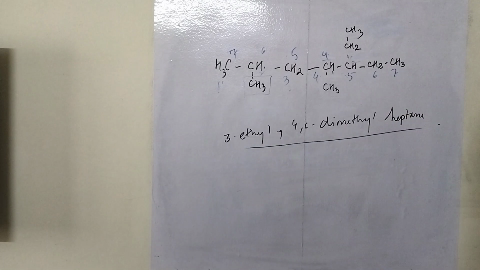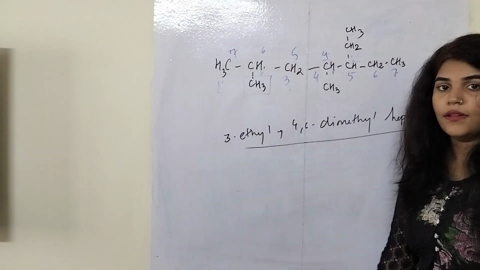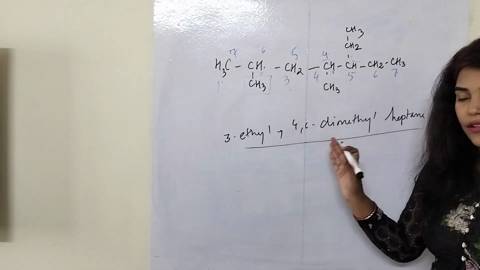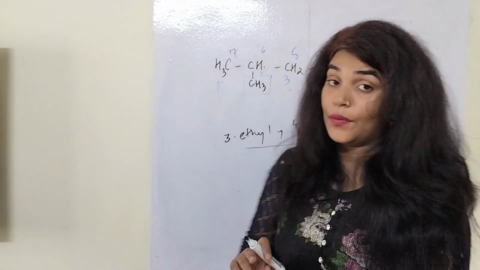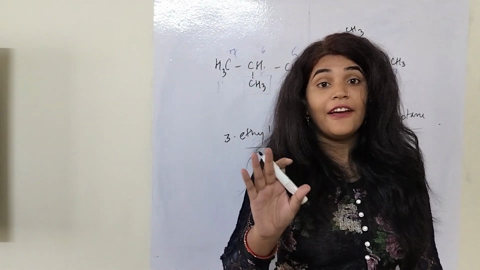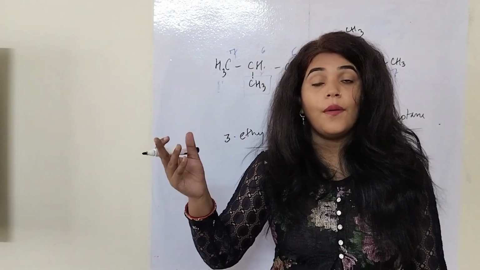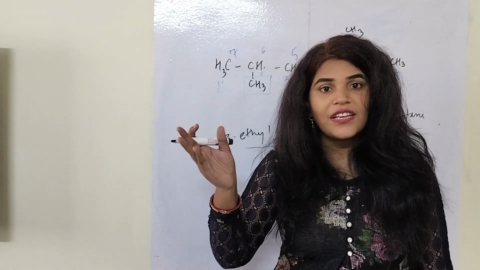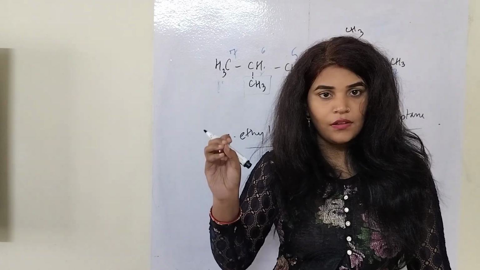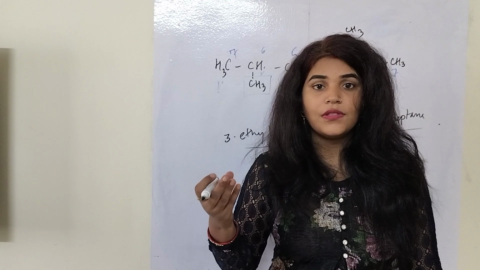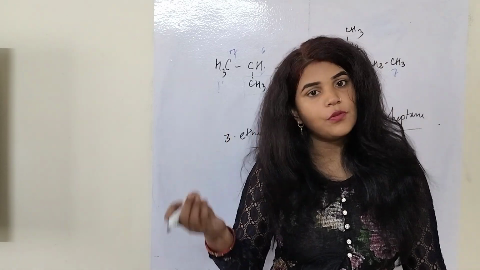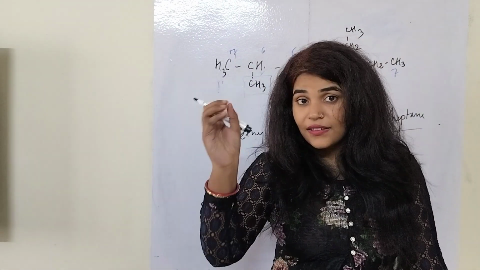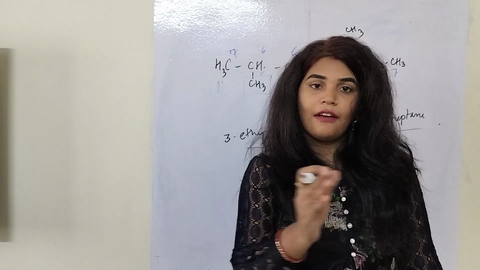Okay, got it? If all the 3 substituents are the same, then it will be easy for you to write the name. But if instead of methyl, one is ethyl or propyl or butyl, then the one which has more carbons, suppose I have methyl and butyl, so of course butyl has more carbon than methyl, so that carbon will get the lowest number and then our methyl.